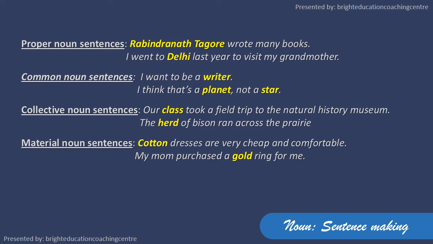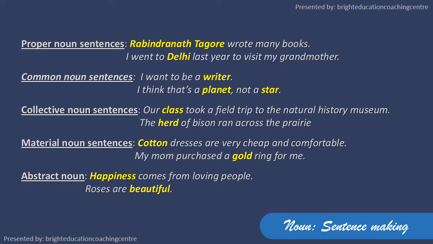Okay. Let's move to abstract noun. Happiness comes from loving people. Roses are beautiful. I love my family. Ram is a very good boy. Sita plays guitar very well. In all these sentences, I can express my love, my kindness, my happiness towards other people with my certain activities.